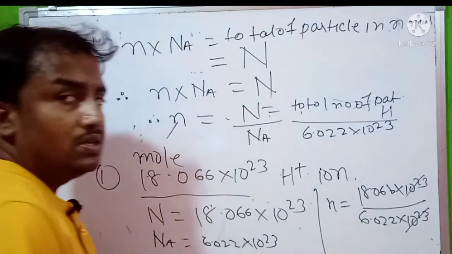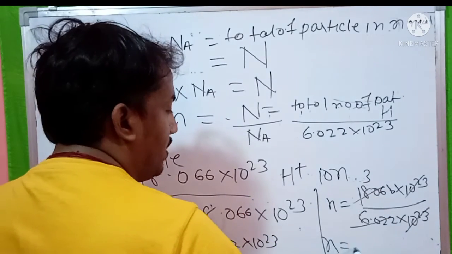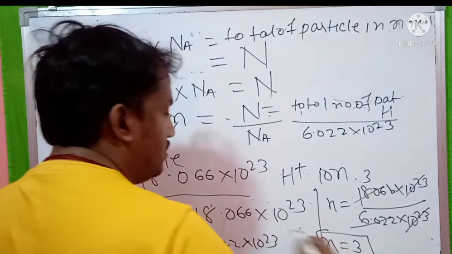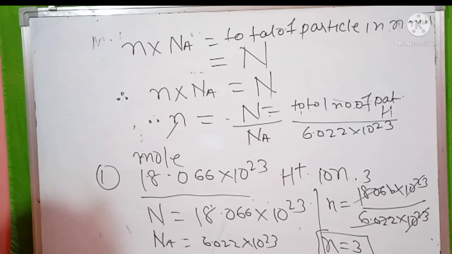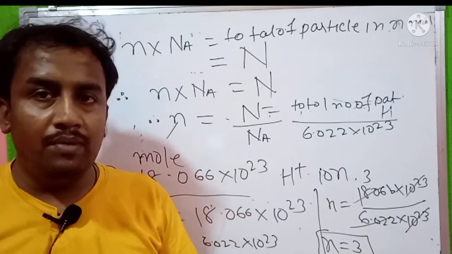The 10 raised to the power 23 cancels out and we can divide 18.066 by 6.022 to get 3. So in this sample there are 3 moles. You have understood it.